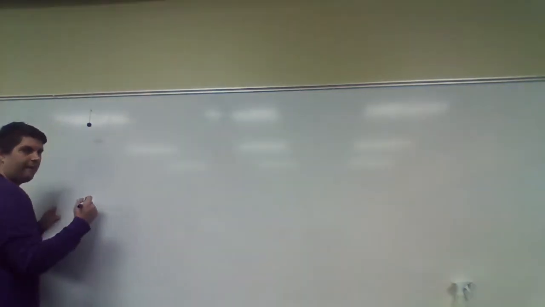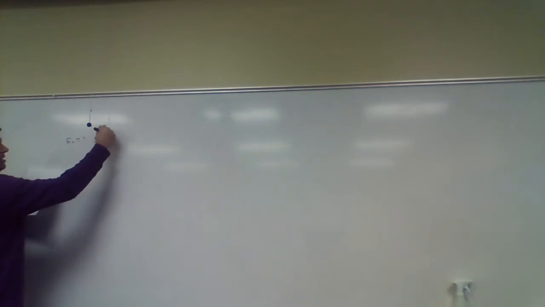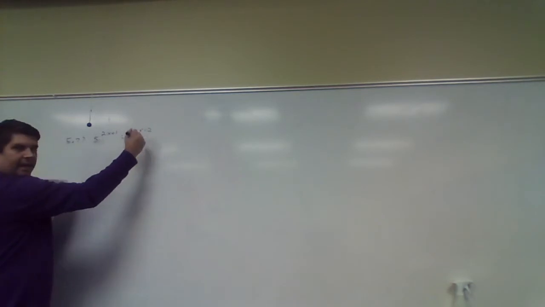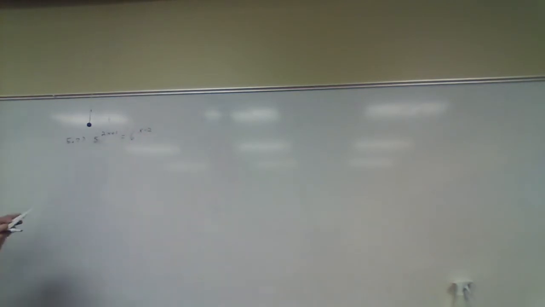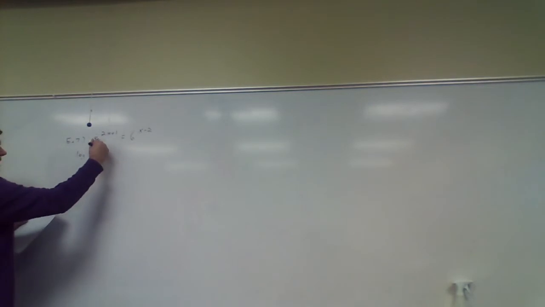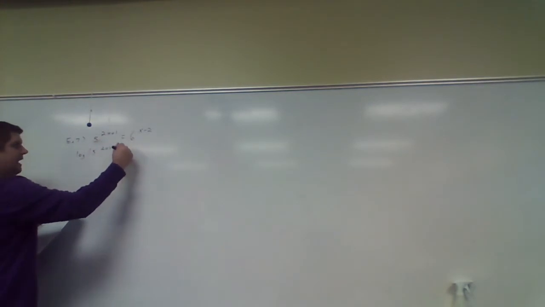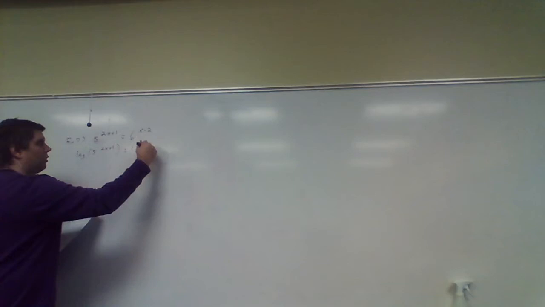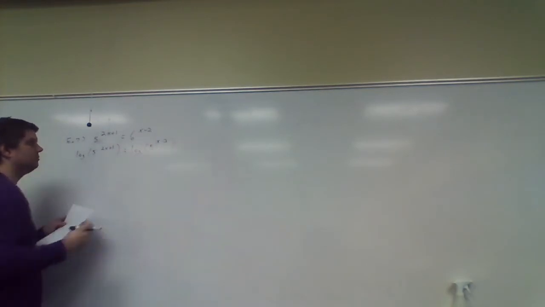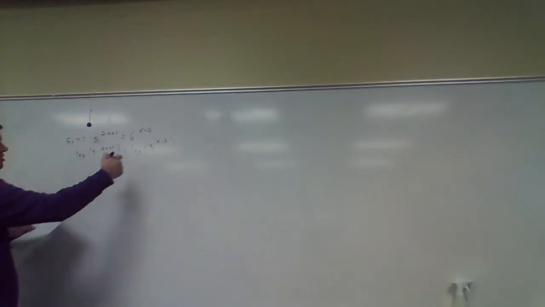All right. This problem is going to take a lot of time. Example 7: 5 to the 2x plus 1 equals 6 to the x minus 2. First thing you're going to want to do is use common logarithms because that's not base e. That's what the textbook we're using has you do. You use common logarithms. And that's a 6, sorry.